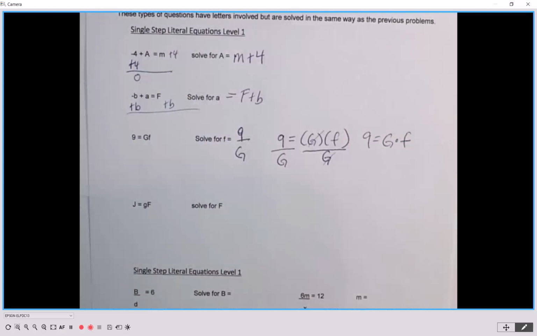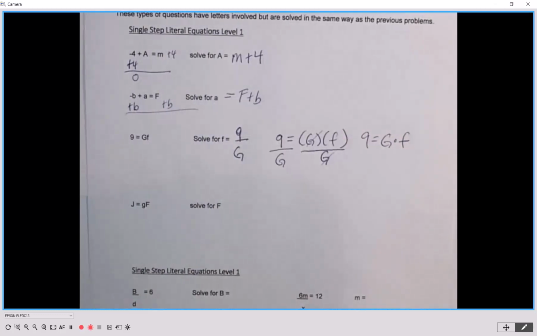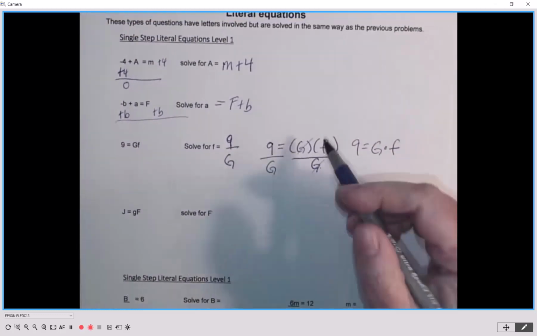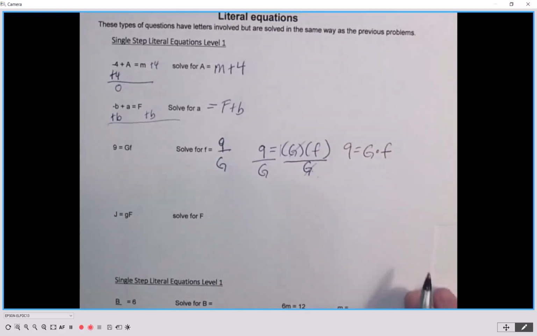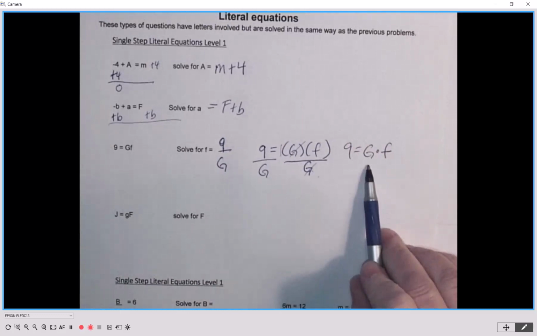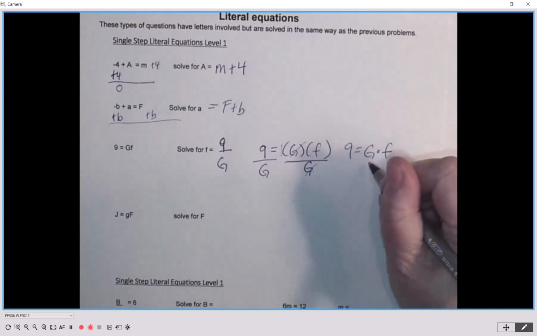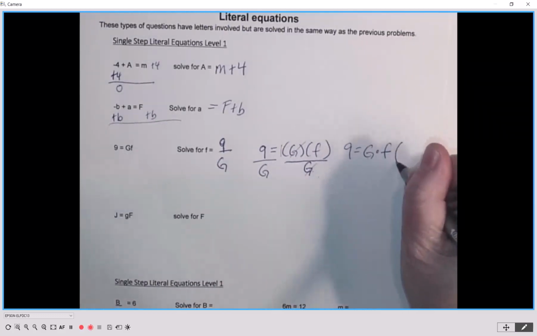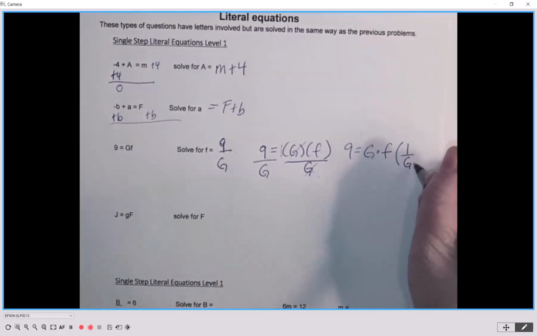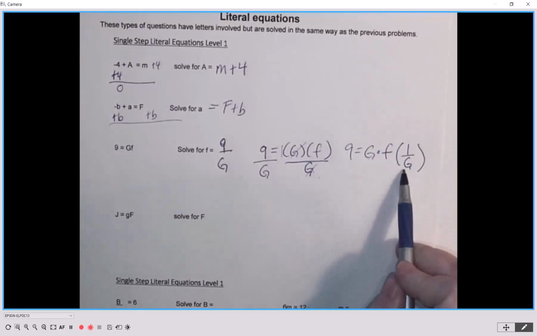That's a 9. But maybe that confuses you when I do that. It's still saying it's 1 over g when I do that. So let's take a look at it in the way that maybe Delta Math might explain it. So right now I want to get rid of this g because I want f by itself. So I'm going to multiply this by the reciprocal, 1 over g.